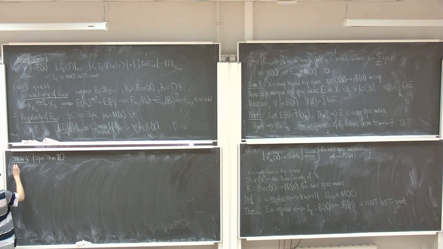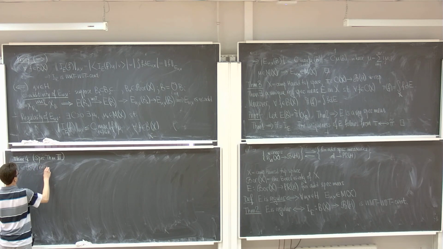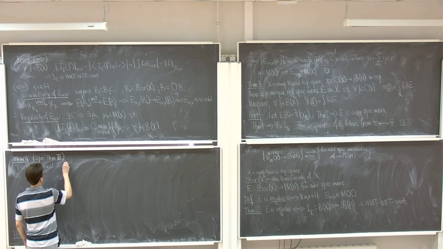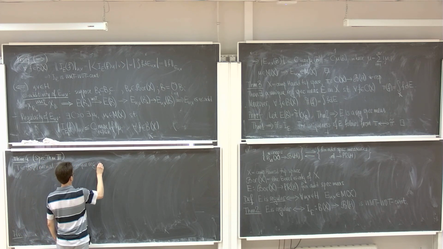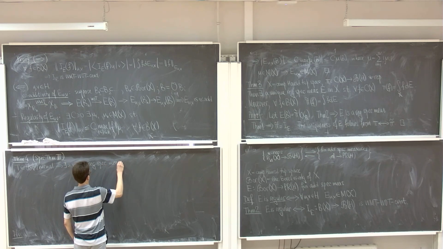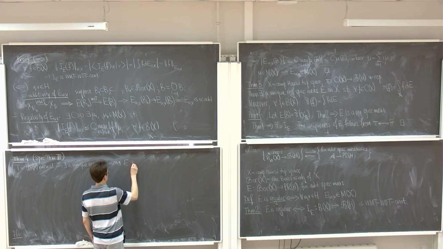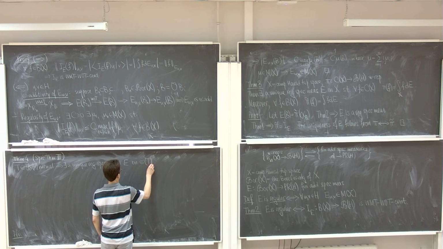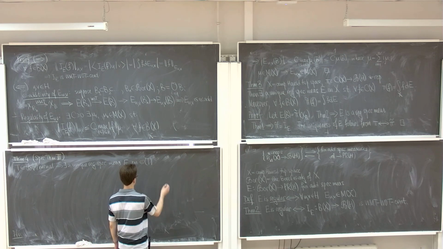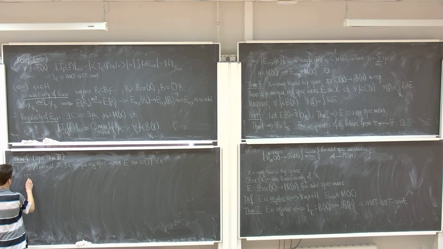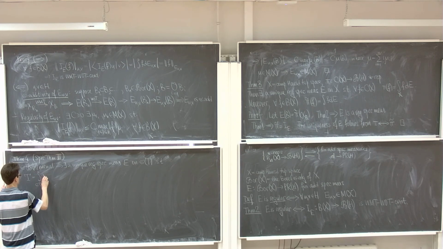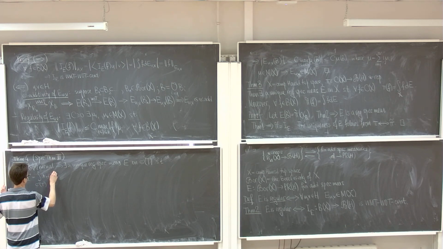Suppose that T is a normal operator on the Hilbert space H. Then there exists a unique regular spectral measure E on the spectrum of this operator such that T is equal to the integral over the spectrum of lambda dE of lambda.